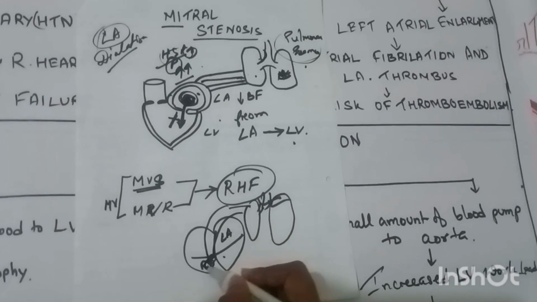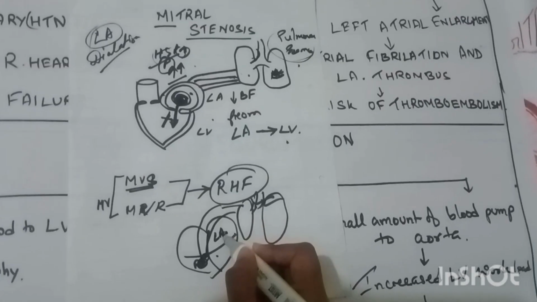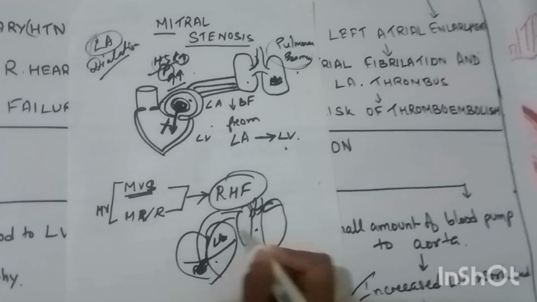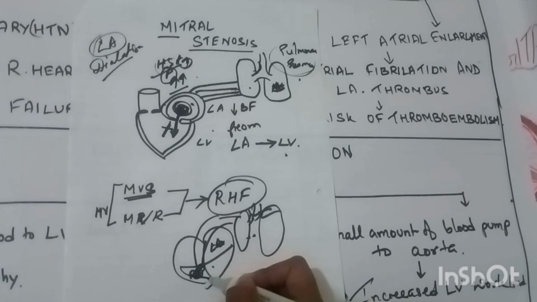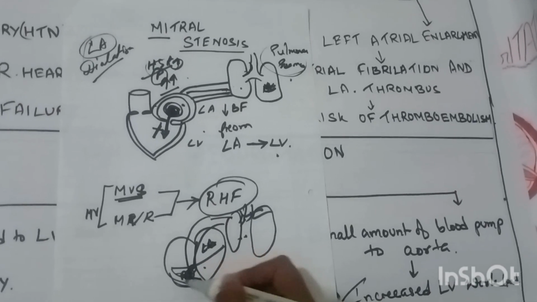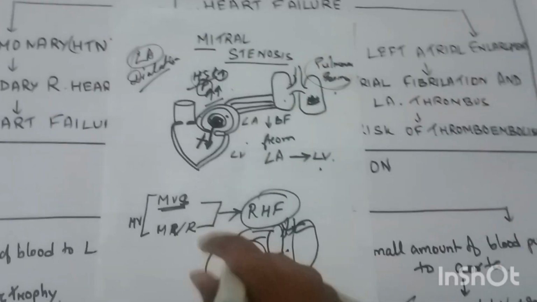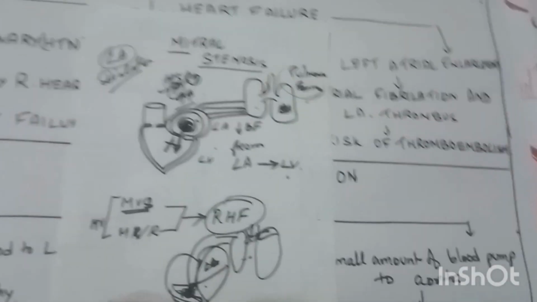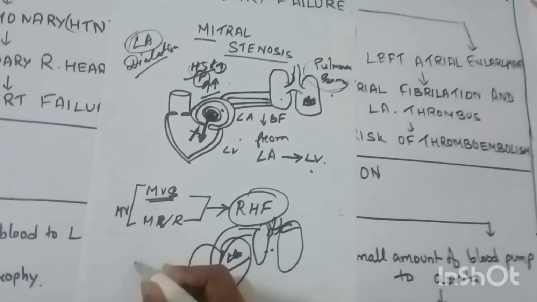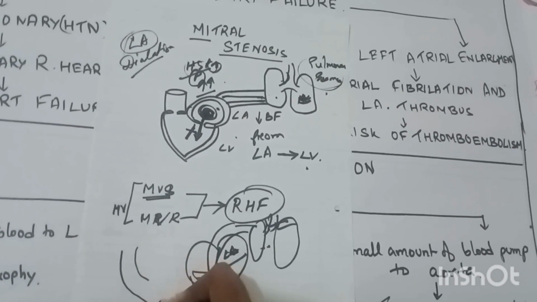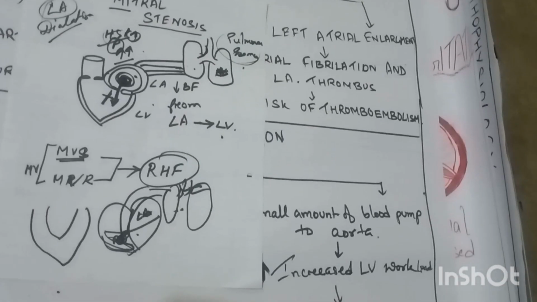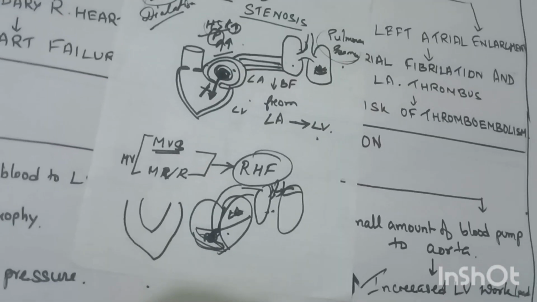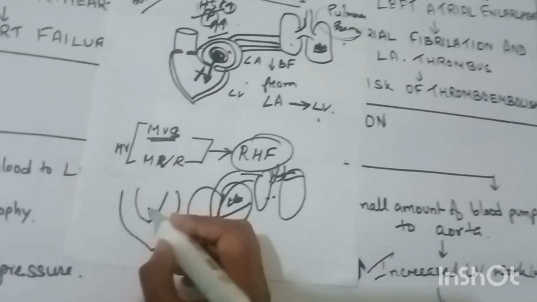So if there is more pressure in the left atrium, blood can't flow properly from lungs to left atrium, and because of that the right ventricle will need more pressure to send blood to our lungs, and because of that the ventricular muscles will get thickened. That is hypertrophy, ventricular muscle hypertrophy can be seen.